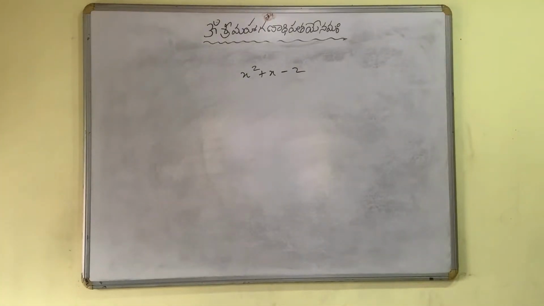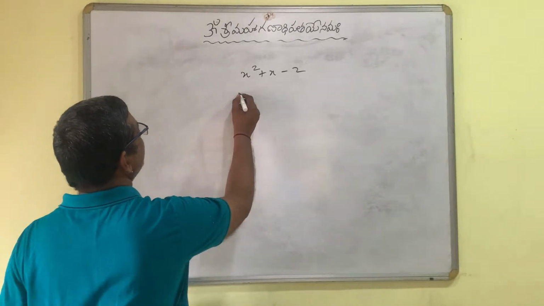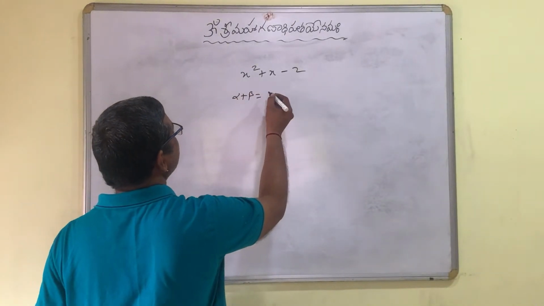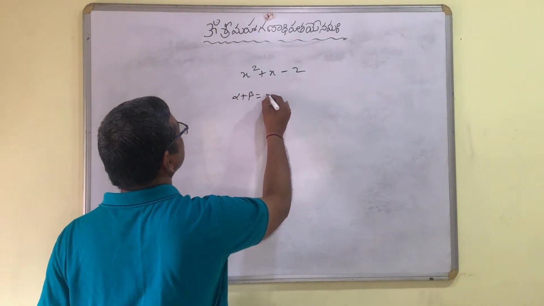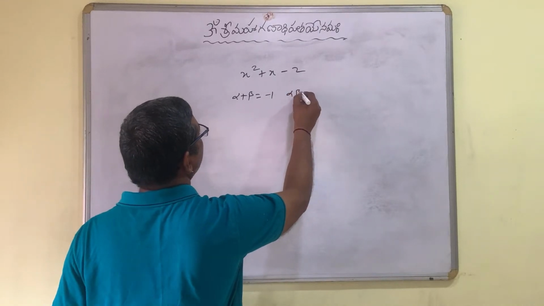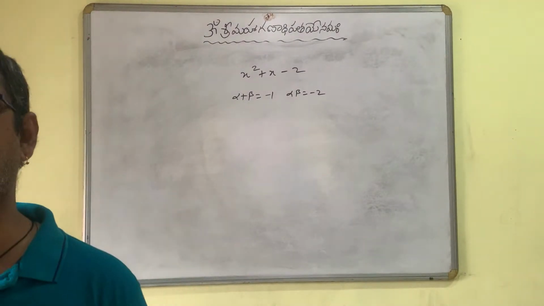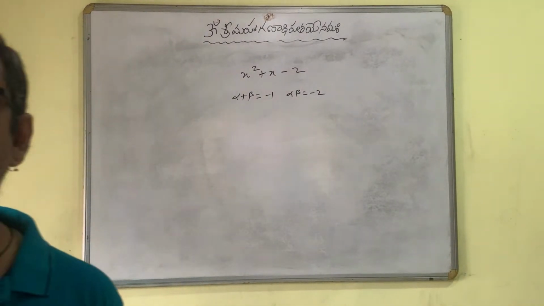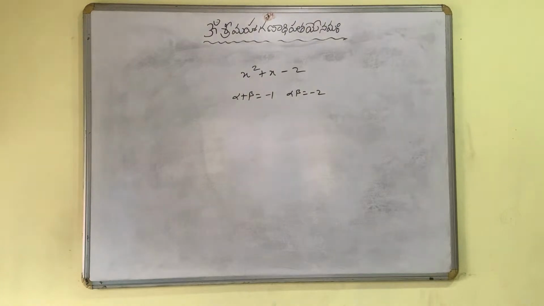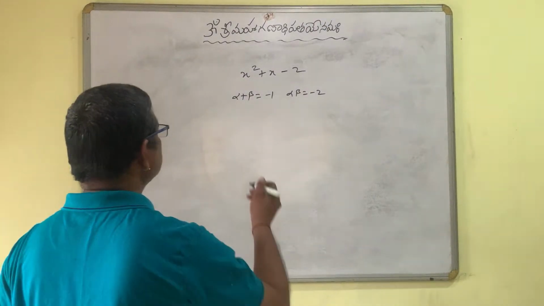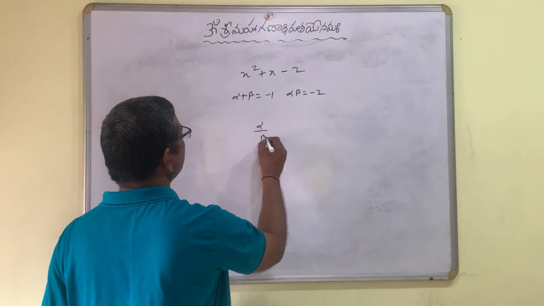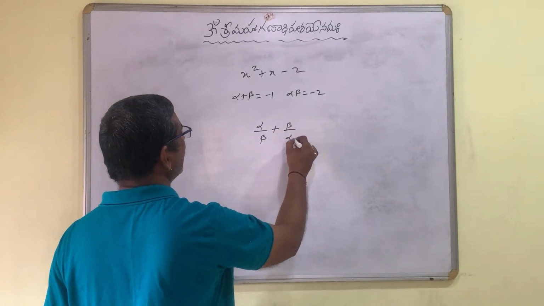Now we can find alpha plus beta, is that right? Alpha plus beta is minus 1, alpha beta is minus 2. And what is asked to find? Alpha by beta plus beta by alpha.